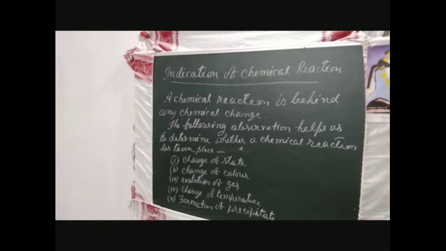You will notice a yellow colored substance and another white colored substance. The yellow colored substance is lead iodide, and the potassium nitrate is the white solid. So when we find a different colored substance, we may consider that a chemical change has taken place.